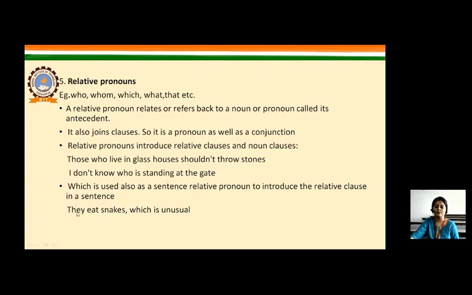They eat snakes. When you're using they, then it becomes a pronoun clause. So this pronoun clause is being joined by using the relative pronoun here, that is which. They eat snakes, which is unusual. Here which is playing the part of joining the relative clause in a sentence.